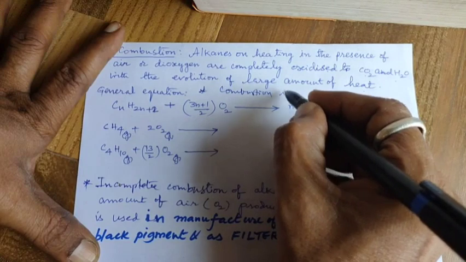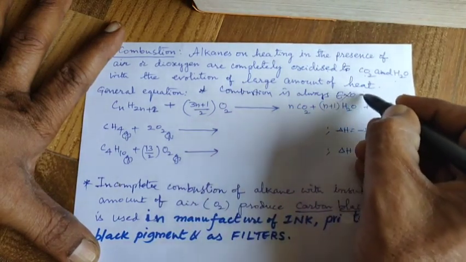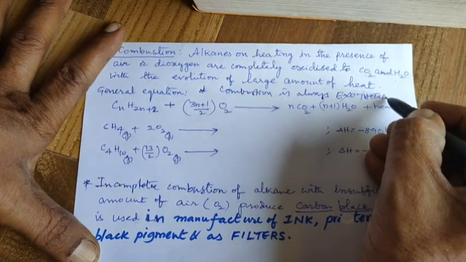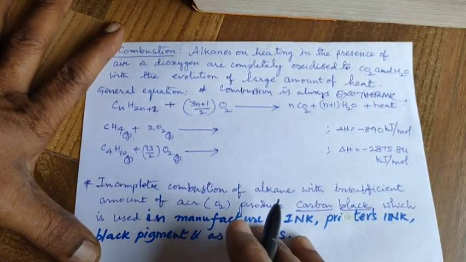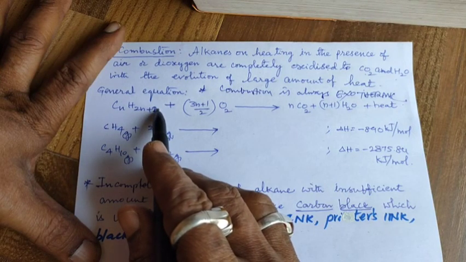Combustion is always exothermic. Let us have the common one, that is CnH2n plus 2, the general formula of alkane.